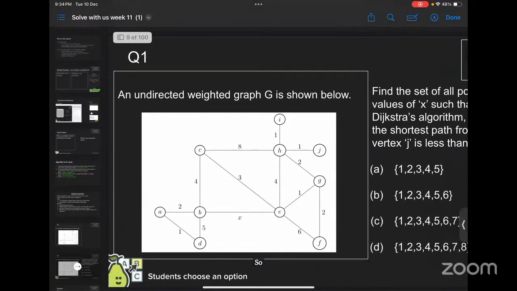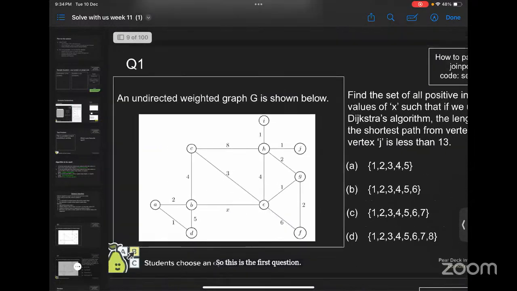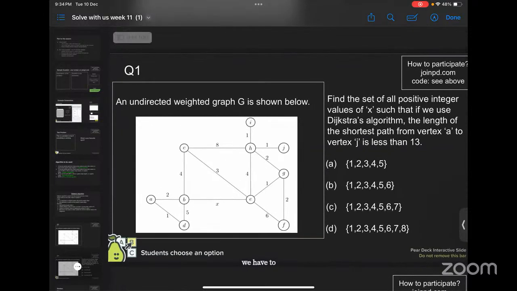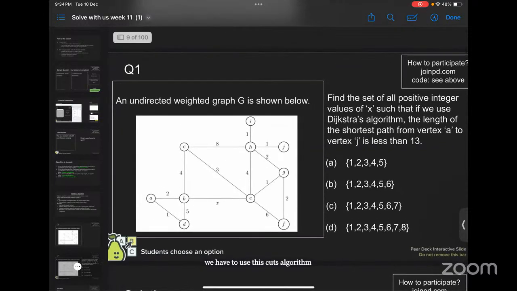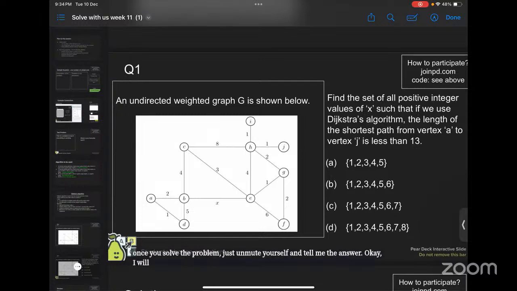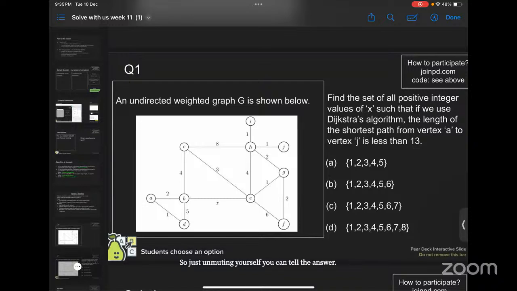So this is the first question. We have to use Dijkstra's algorithm. Just take 2 minutes to solve this and let me know the answer. Once you solve the problem, just unmute yourself and tell me the answer. I am not able to see the chat box.